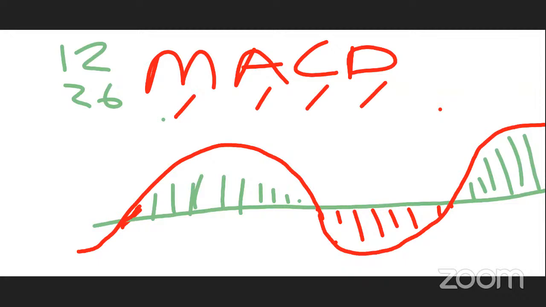Now this one is maybe a 12. Then it moves. It comes also from below and it crosses. When it crosses, even if it crosses from down here, a green histogram will appear. So this one is a very important point.